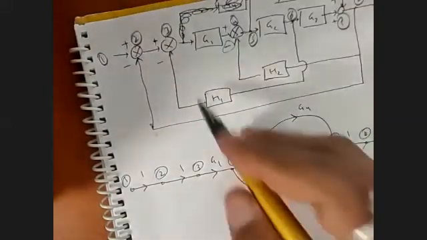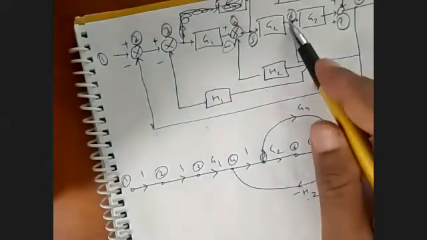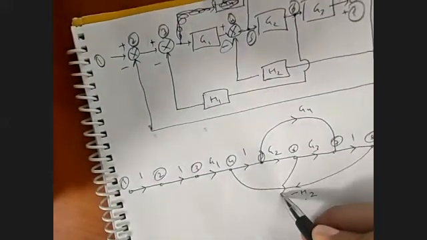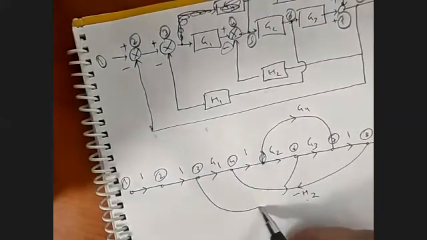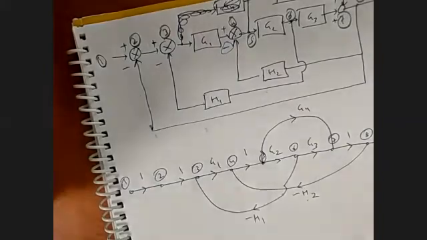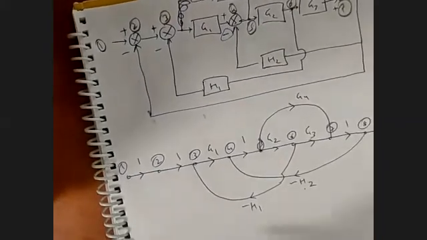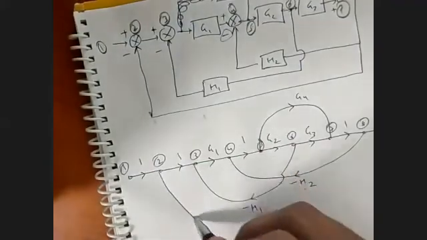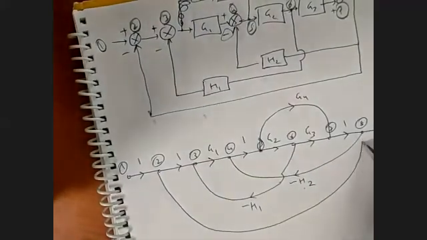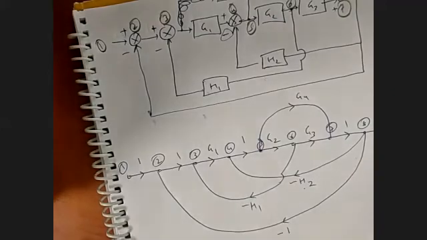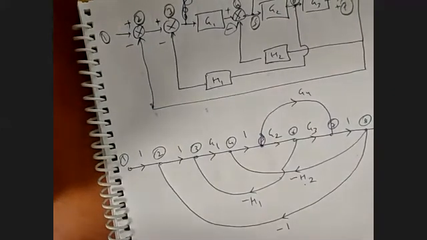So it will be minus H2. Then 3 and 6 is connected, so this will be minus H1. And then at last we have 8 and 2 which is connected, so it is minus 1.